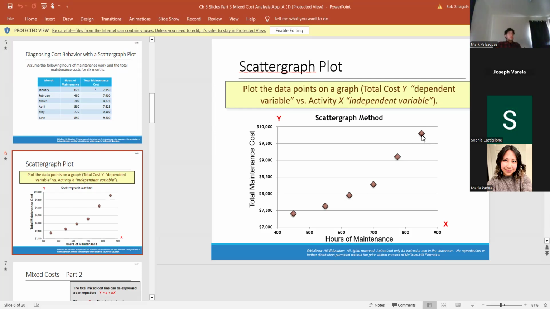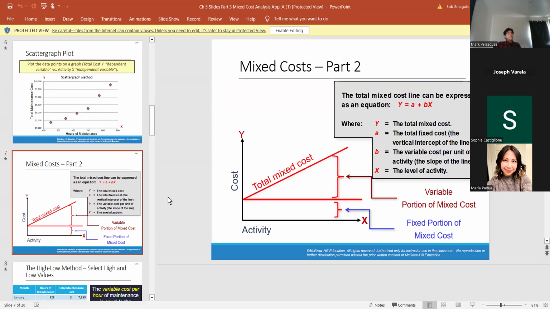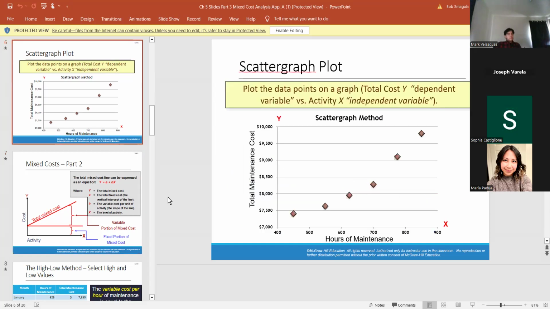Well, if you graph this properly and draw a straight line down to your high to low, that will tell you where the fixed number is. We draw a straight line here, and we're going to end up right about here, I guess. So our fixed cost is around $7,200.